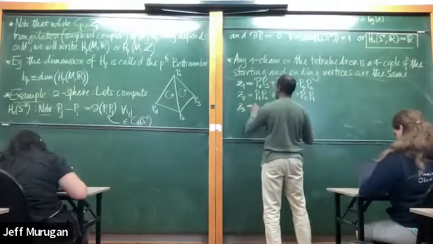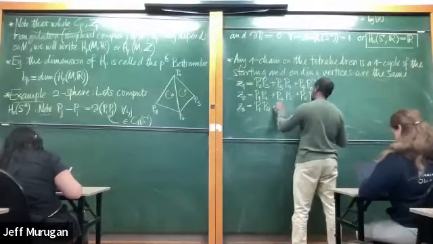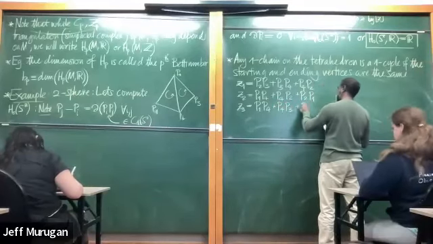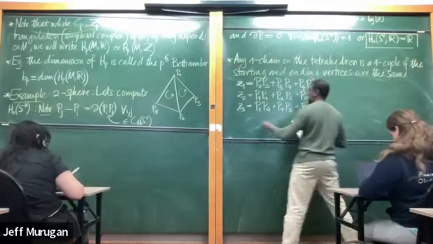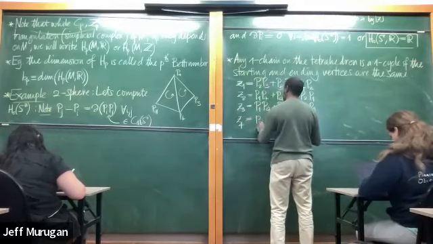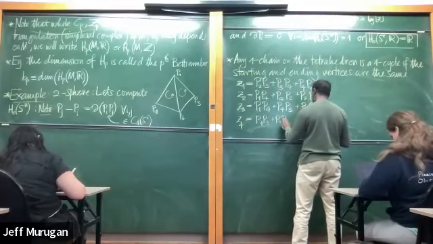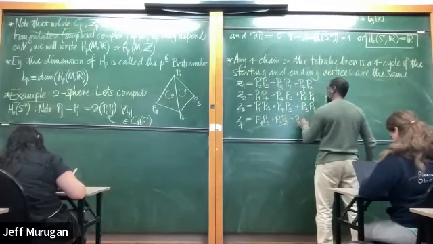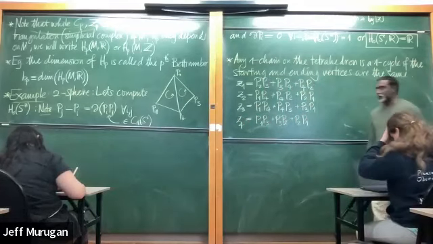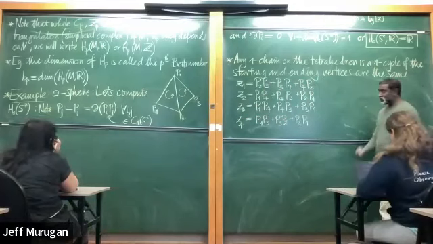And Z3 is P1P4 plus P4P3 plus P3P1, a one-cycle, and Z4 is P1P2 plus P2P3 plus P3P1, a one-cycle. The thing to notice about all of these one-cycles is two things.